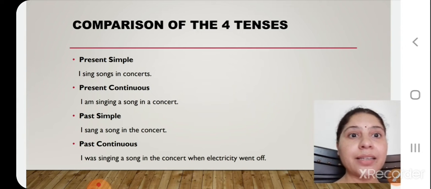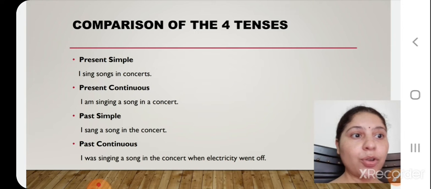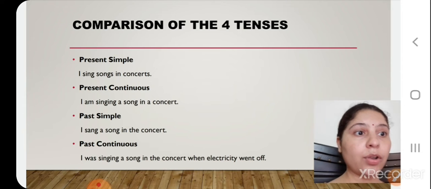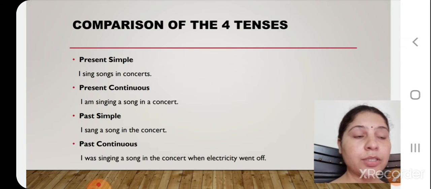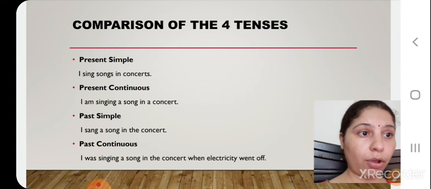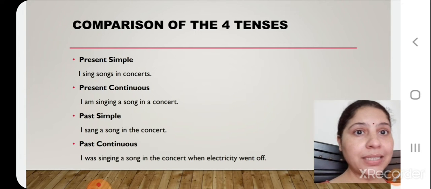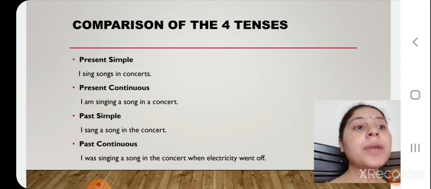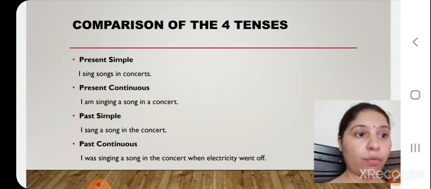Like, I sing songs in concerts. So it means that it is a habit with me that I sing songs in concerts. So I sing songs doesn't mean I am singing a song right now in a concert. So present simple means some routine, some habit of ours.